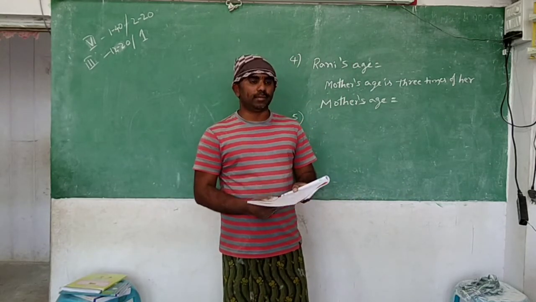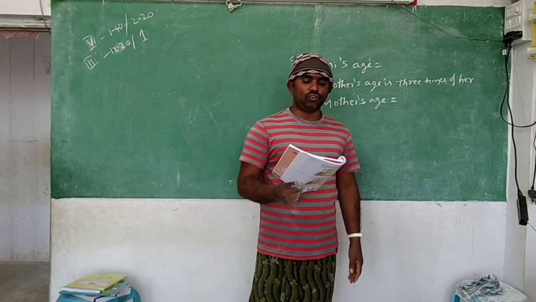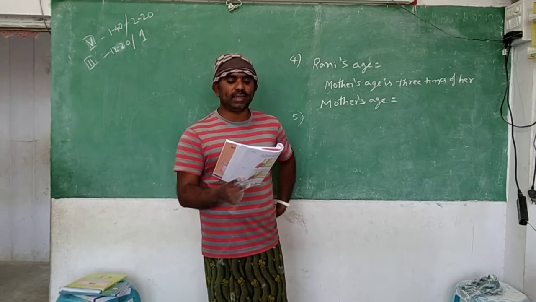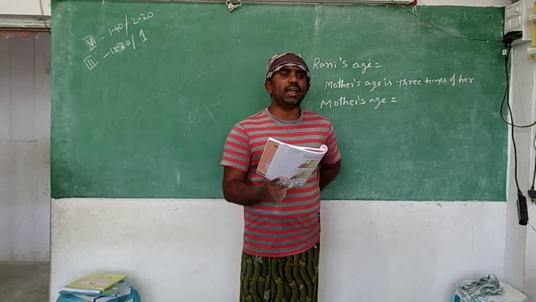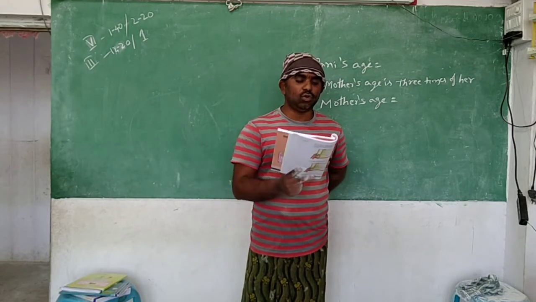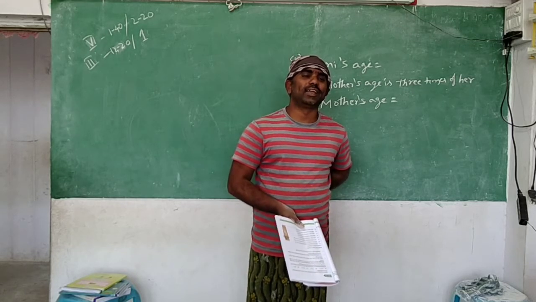Question number 5. If four children can sit on a bench in a classroom, then how many children can sit in 22 benches? What should we do?